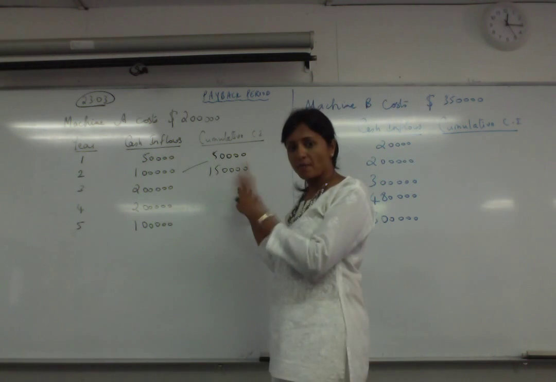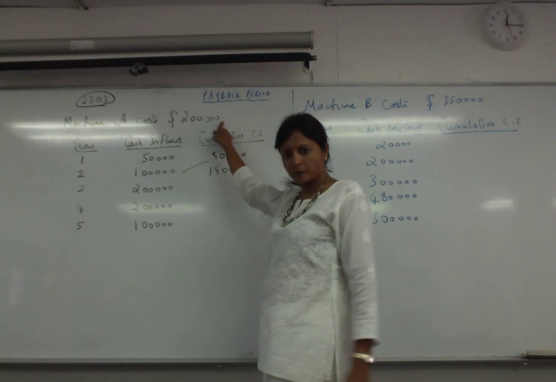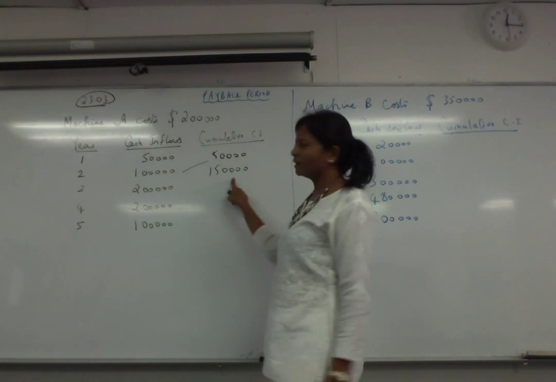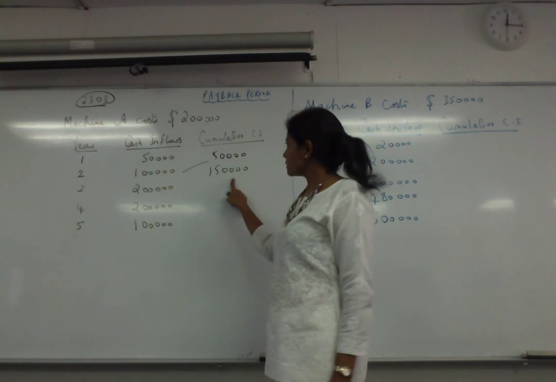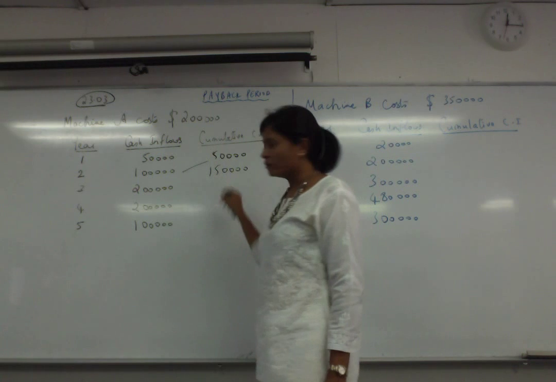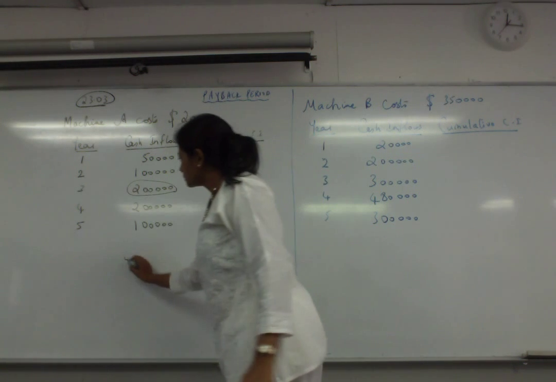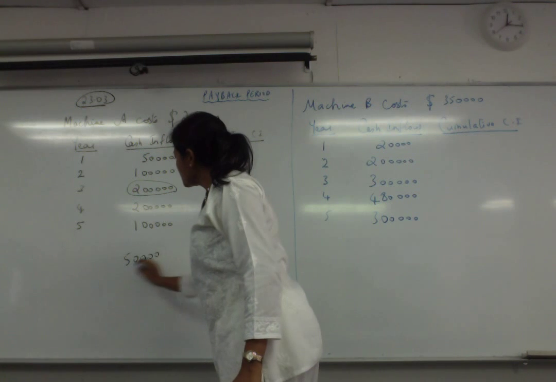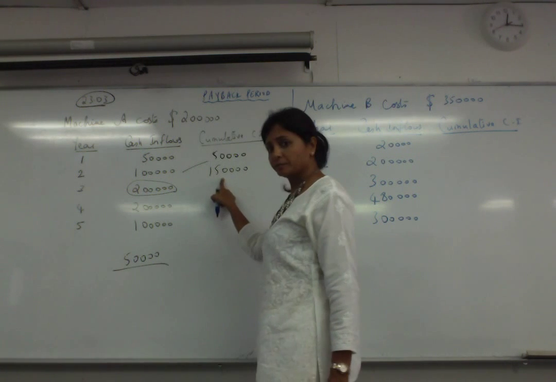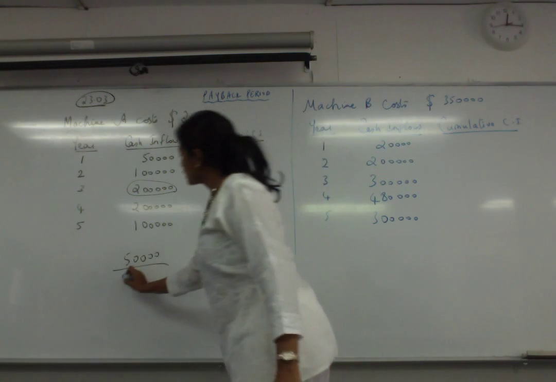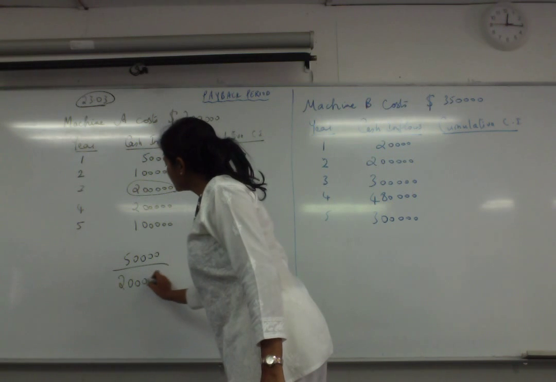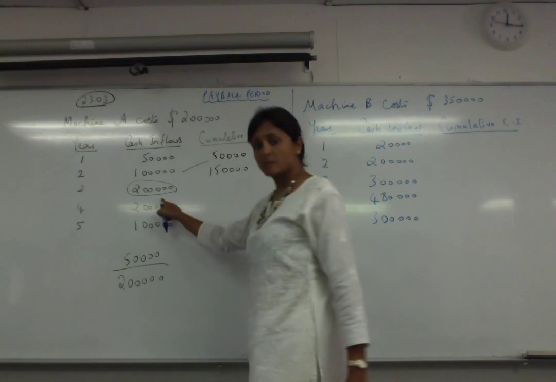Okay, now I'm going to stop at that because the cost is only $200,000. I'm only getting 150 in the second year. So I need $50,000 more, which I'm going to get from the next year. So simple: the $50,000 remainder of the cost needs to be obtained from the next year's inflow.